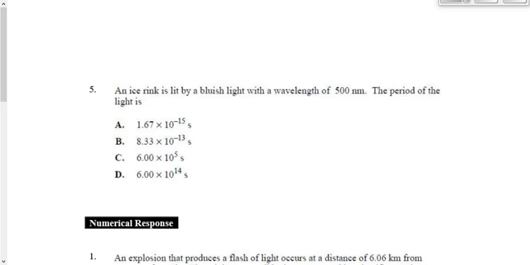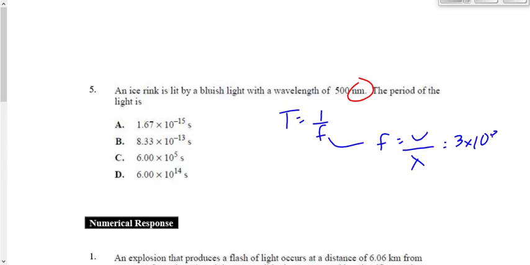And number 5, an ice rink is lit by bluish light with wavelength of 500 nanometers. The period of this light, we're going to say 1. Period is 1 over the frequency. Oh, but we don't have frequency. Frequency is V over lambda, which is 3 times 10 to the 8, divided by 5 times 10 to the minus 9.